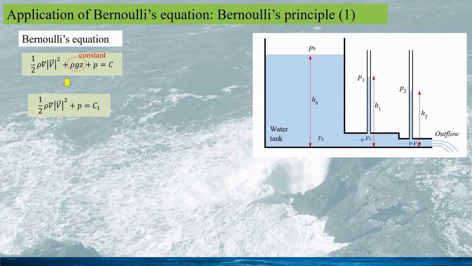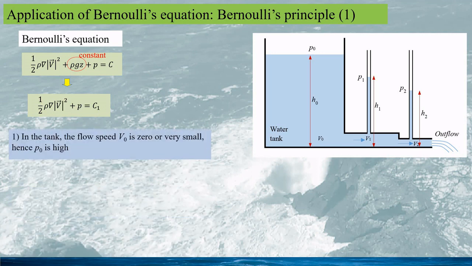So, the pressures P0, P1, P2 will all be referenced to the water tank bottom. In the water tank, the velocity V0 is very small, hence the water level H0 is high.